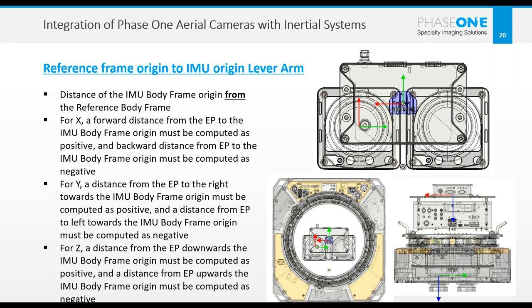So any distance between the origin of the IMU and the origin of the entrance pupil must be computed as negative in this case. Basically, I would say most cases for the Z axis will be negative, because the IMU will most likely be located somewhere up, inside the system, not close to or underneath the camera.